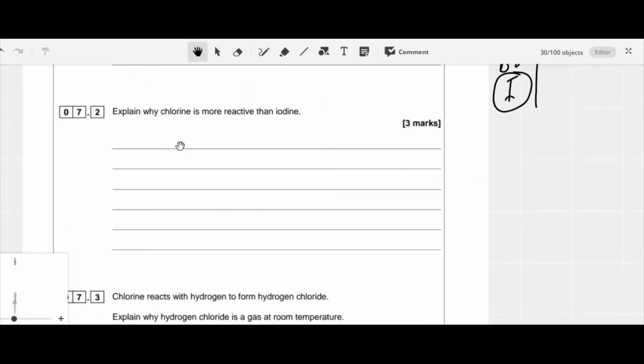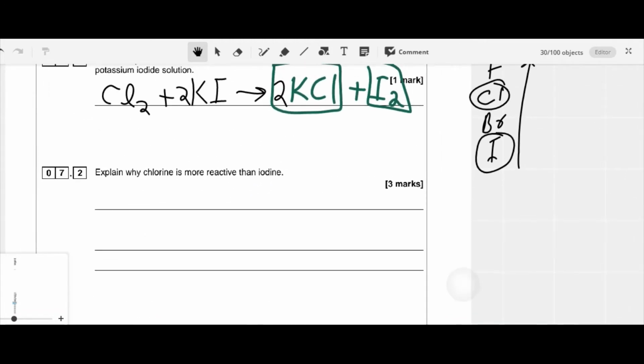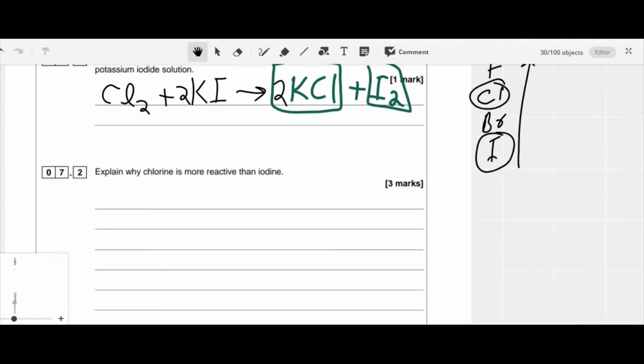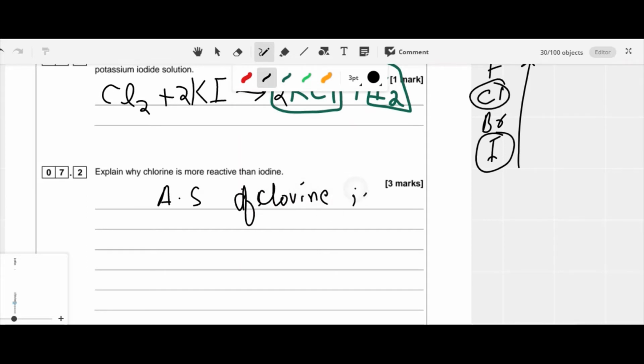Okay, the next one: explain why chlorine is more reactive than iodine. There are many reasons, but here you can write that the atomic size of chlorine is smaller than the atomic size of iodine.